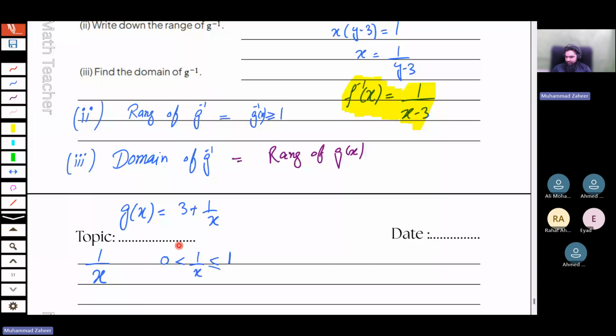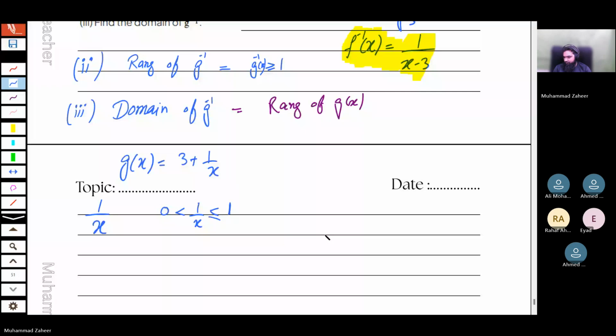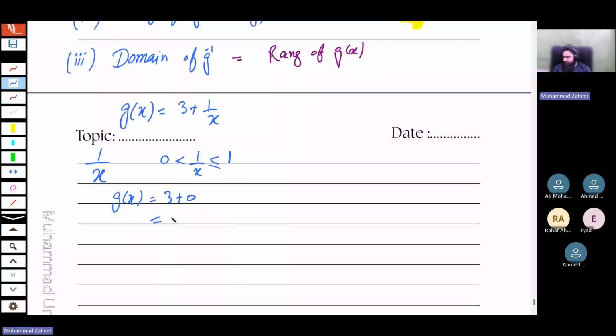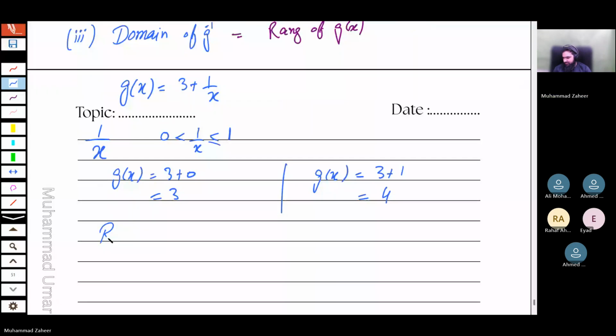So the maximum value is 1 and the minimum value is going to be 0. If you substitute 0, you will get 3, and if you substitute 1, it will become 4. So the range of g of x is greater than 3, not equal to because 0 is not included, and less than or equal to 4, because at 1 you get the answer 4.